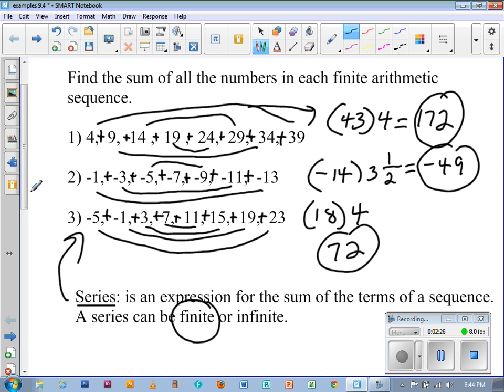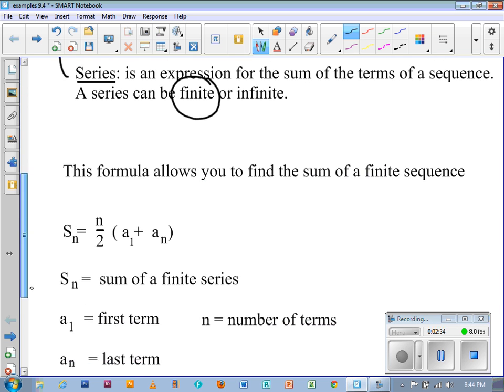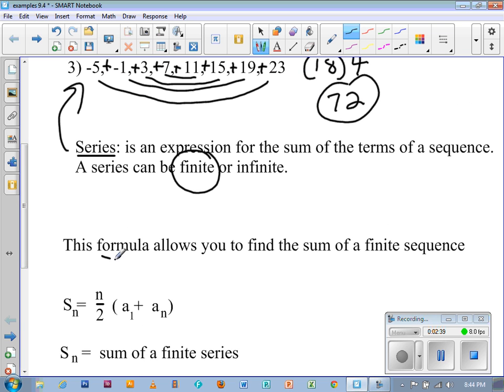We're going to show you how to essentially add a series of numbers together if it's arithmetic, and we're going to introduce a new symbol, a symbol that you never found before. But first, let's look at a formula that allows you to find the sum of a finite sequence.